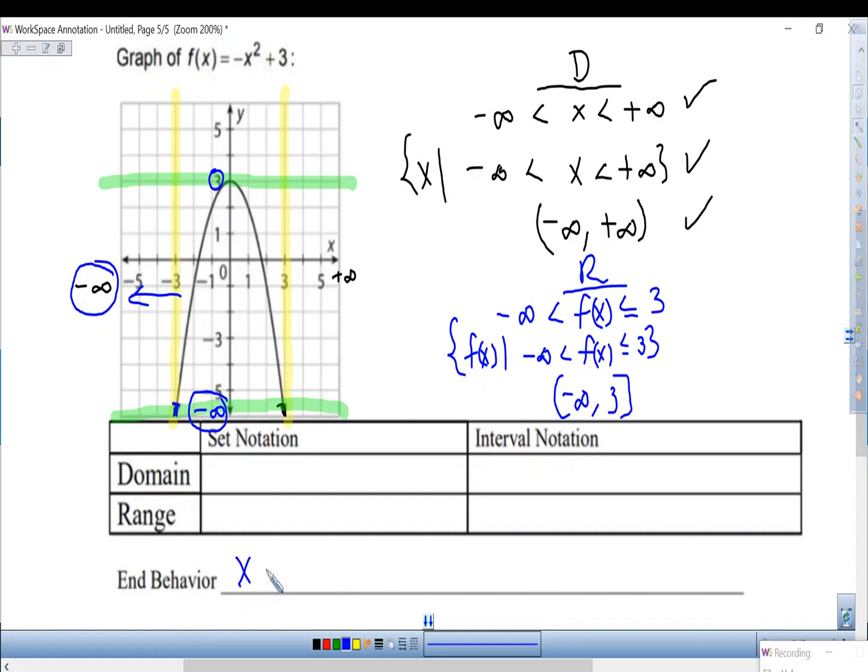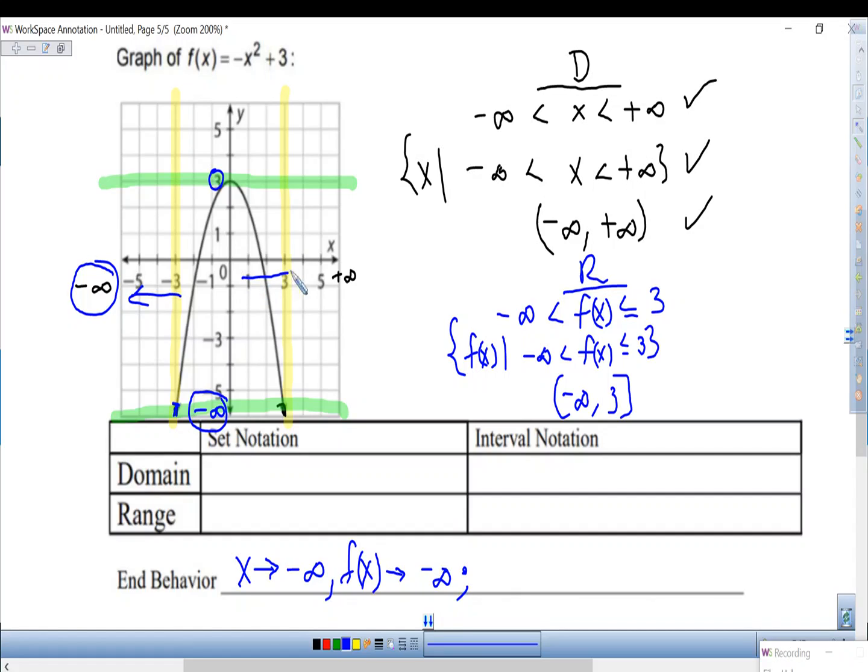As x, write this down, approaches negative infinity. Here we go again. As x values approach negative infinity, comma, my f of x values continue approaching what? Negative infinity, because they keep going downward. I'm going to put semicolon. Next, now I'm going this way.